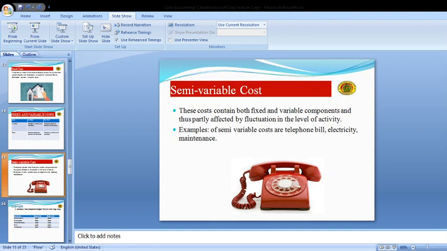You only have fixed cost. Similarly, for electricity or for maintenance also, there will be a fixed component and a variable component. So, total cost will vary but not in direct proportion. So, it is considered as a semi-variable cost.